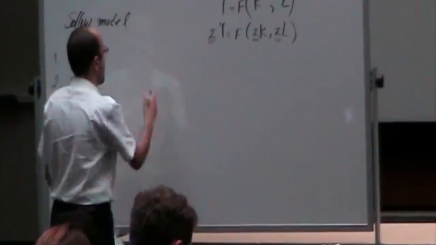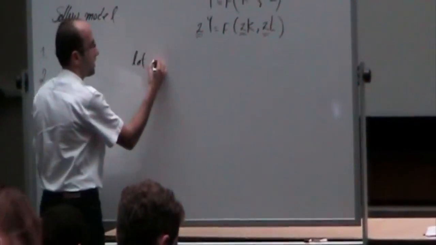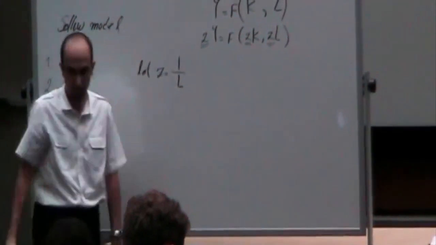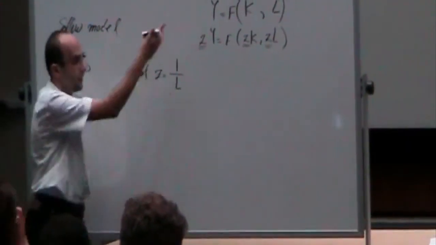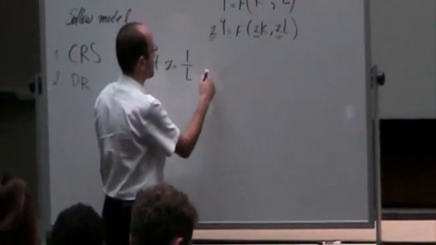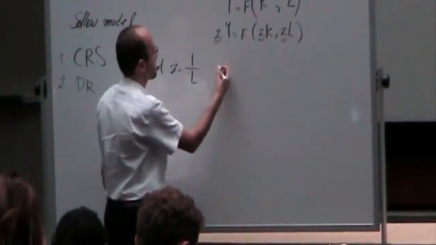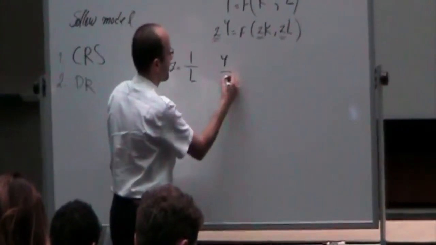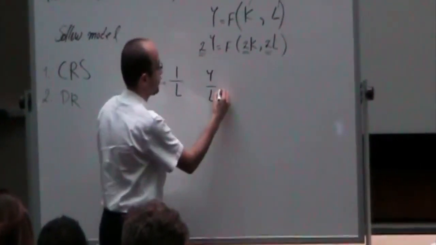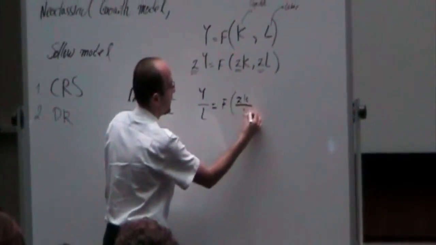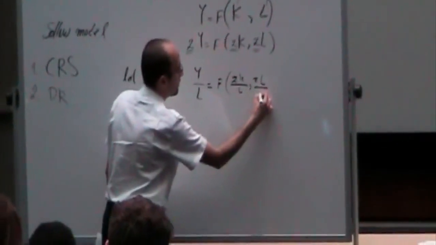Okay? Now, let z denote 1 over L, and L is labor. To simplify this, I can multiply both sides to get Y over L equal to f of K over L, zL over z.